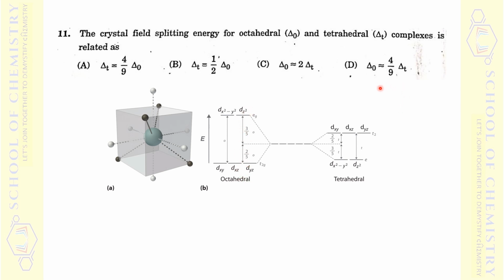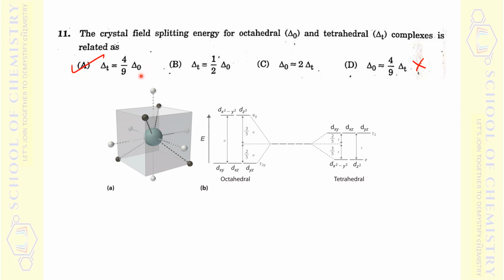Here they say you should reduce delta T by 4 by 9 times. 4 by 9 is approximately 0.45 times. That means delta T is larger, and if you reduce it by 0.45 times you get delta O. So this option mentions that delta T itself is large. That cannot be possible, because delta T is smaller, so you can decide that this is not the answer.